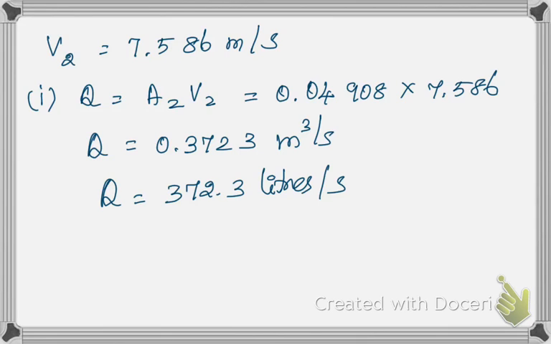Second part is we have to determine the pressure due to enlargement. So how much it is changing. So we are going to follow the same Bernoulli's equation, but we are going to apply the Bernoulli's equation in section 3.3 and 4.4.